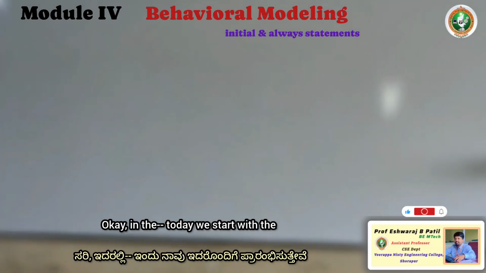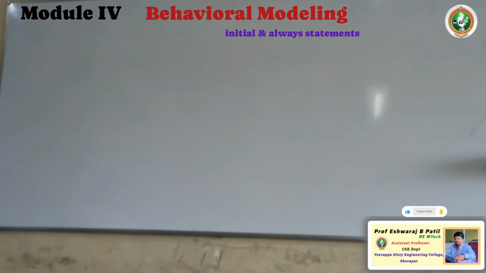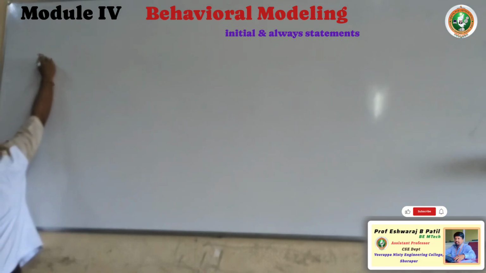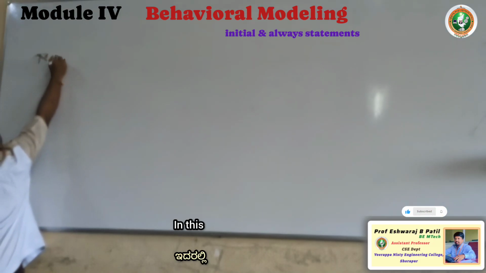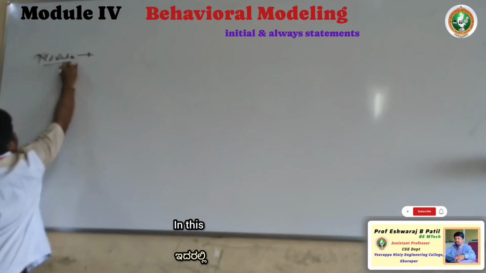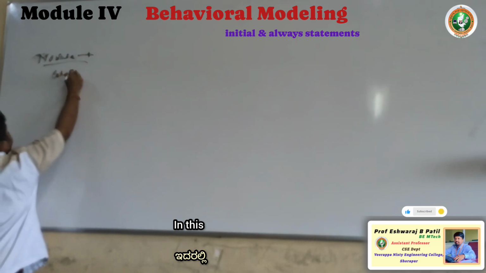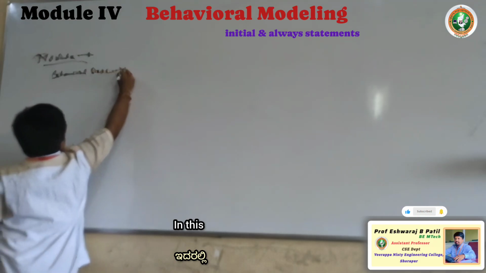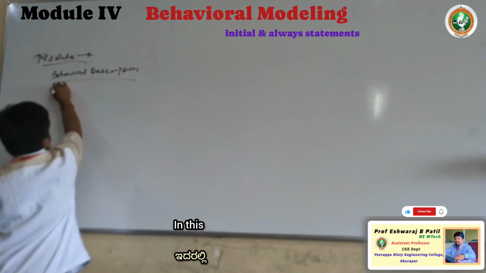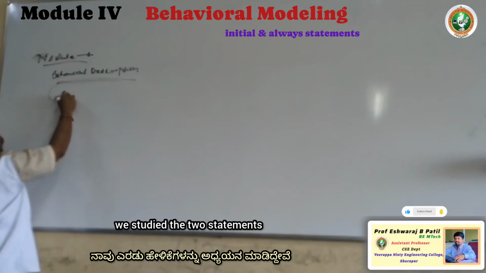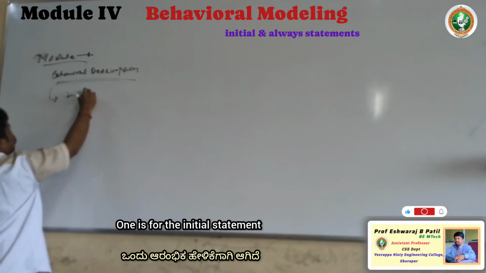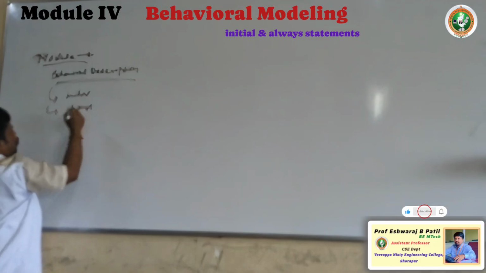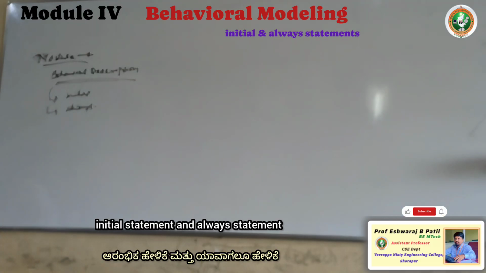Okay, today we start with the fourth model, the behavior description. In this we will study the two statements, one is the initial statement, another one is the always statement.